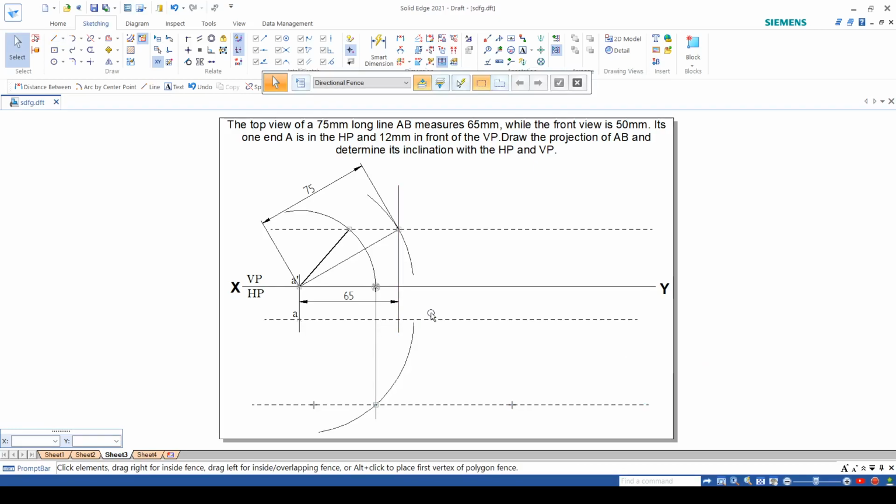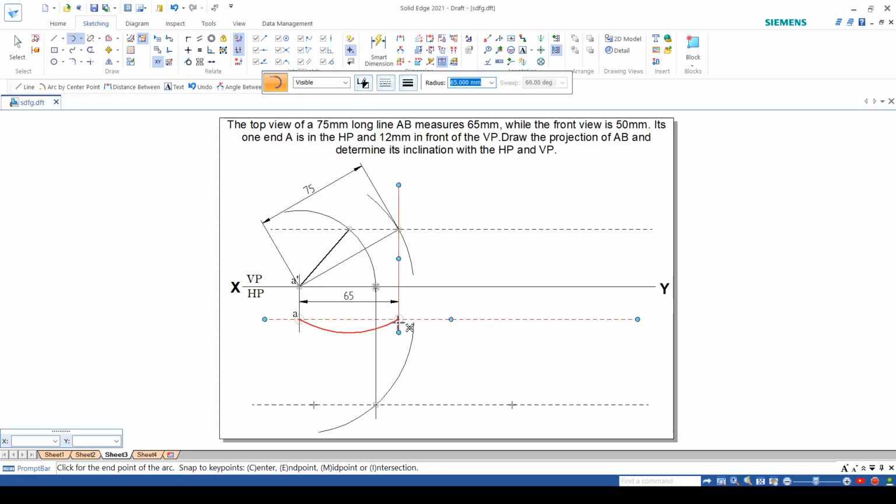Now I have to draw one more tangent with this point, radius 65 mm. The center would be here.